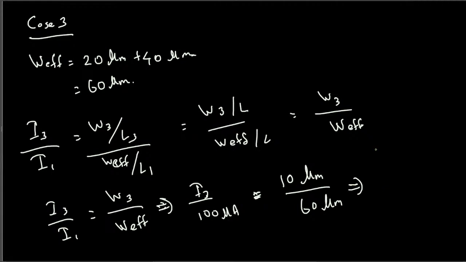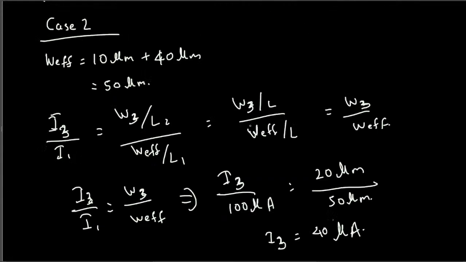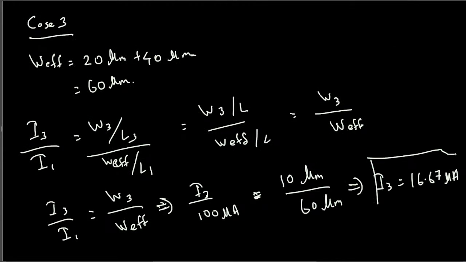If you calculate, you end up getting I3 to be 16.67 microampere. So these are the three output currents. When we use two diode connected, we get 133.3 microampere, 40 microampere, and 16.67 microampere. So we can mention that.